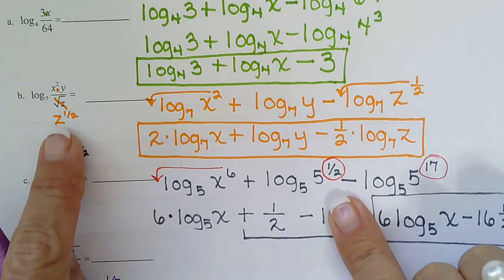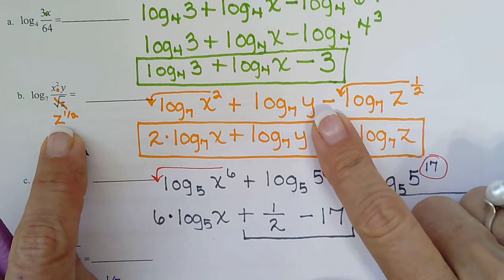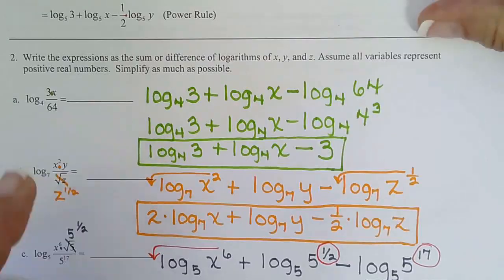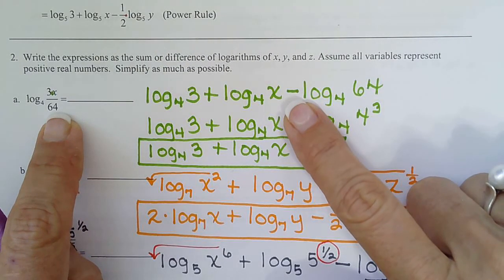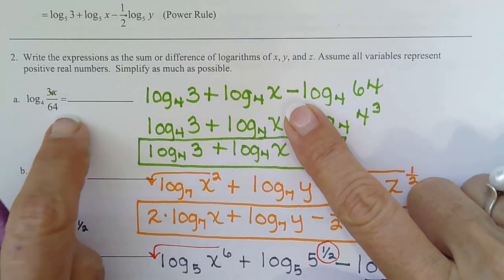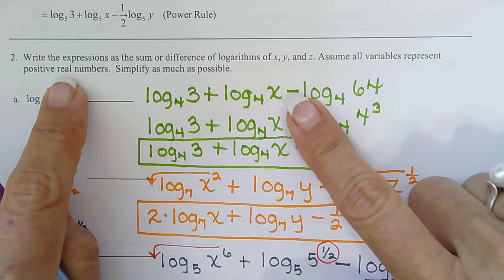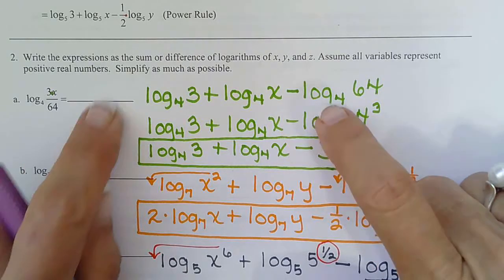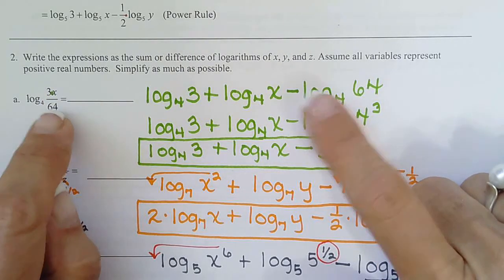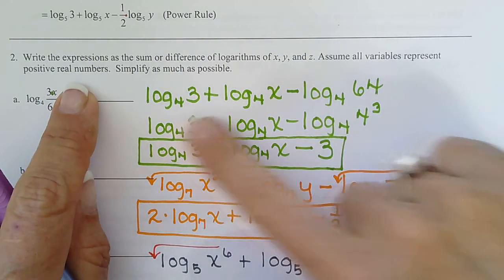So z was in the denominator of the fraction, notice it became negative. 64 was in the denominator of the fraction, became negative. And that's because if we bring the exponent up, it becomes positive when we're using exponentials. So it's negative down here, it's positive down here, you bring it up, it's going to turn negative.